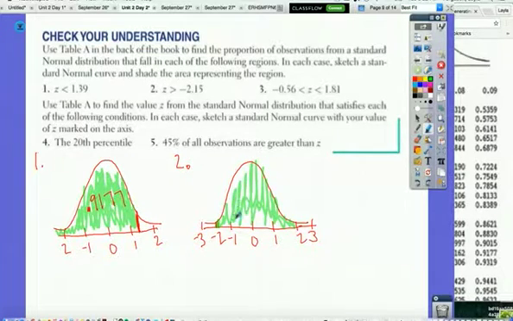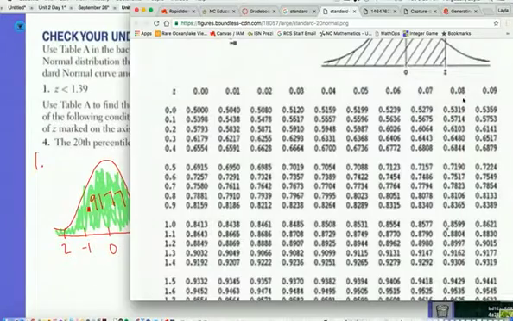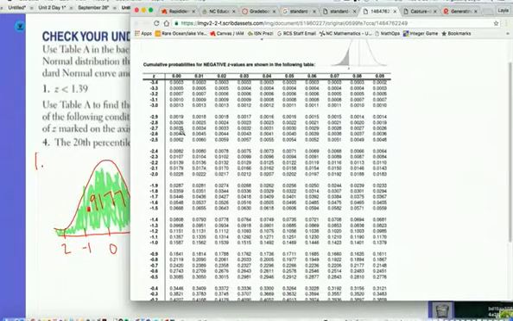So that would be basically all of this. Now keep in mind that we said that that table represented everything that was to the left. And so whenever you go to the right, you've got to do something just a little bit different. Whenever you go to the right, instead of just looking on your table, you're going to say 1 minus whatever that you get from the table for that number. So you are at negative 2.15. So you need to go to your negative side of your table, and you're going to go to negative 2.1, and you're going to go over to where 5 is, and you see that it's 0.0158.